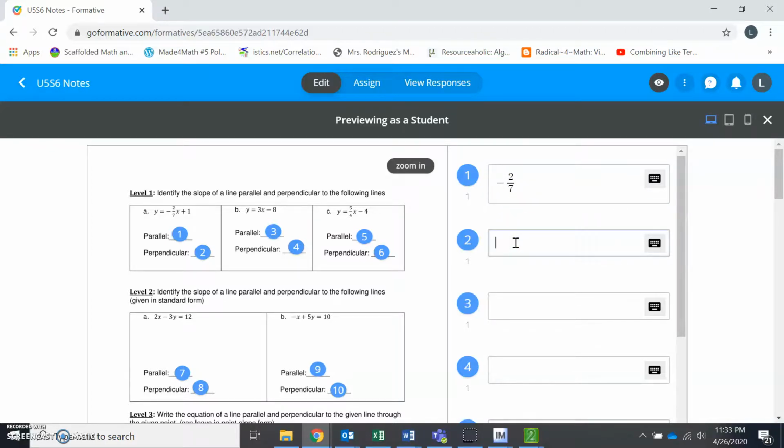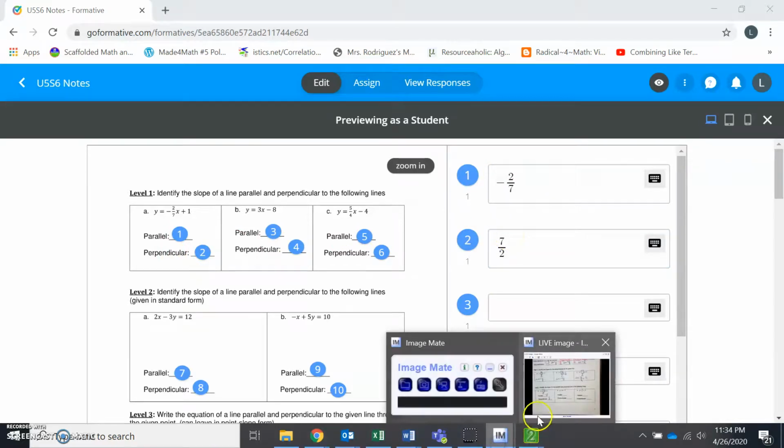Let's enter in the 7/2. So 7, and then again, that question mark key, it has the / on the bottom. If I press that, it automatically changes it to a fraction, and I can make it 7/2. So remember, we're not really paying attention to what these are, number 1, 2, 3, A, B, C. We really want to make sure that we match the circle 1 to the circle 1 answers. This is asking for the parallel. So here's where I put parallel. Perpendicular, here's where I put perpendicular.